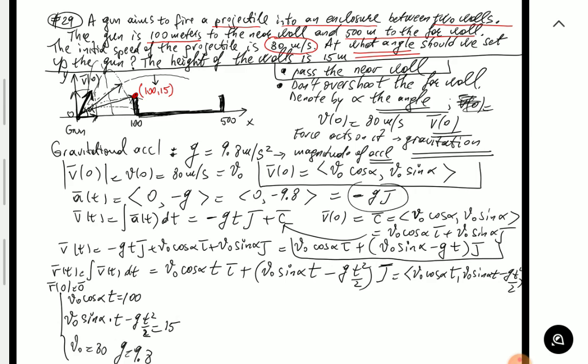And we have a system in alpha and t. Remember, we have to find alpha, so we have to solve for alpha from this system. t is outside the cosine. Hopefully it's not too confusing. So t times cosine of alpha is 100 over v naught, which is 100 over 80.